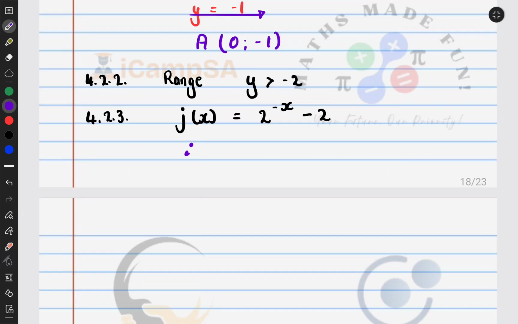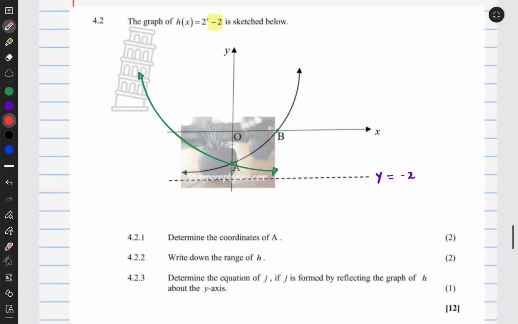Therefore, j at x would be, what is 2 to the power of negative x? It will essentially be 1 over 2 to the power of x. So this will be 1 over 2 to the power of x, minus 2. Okay, so that will be your answer for the reflected version of the graph of h.